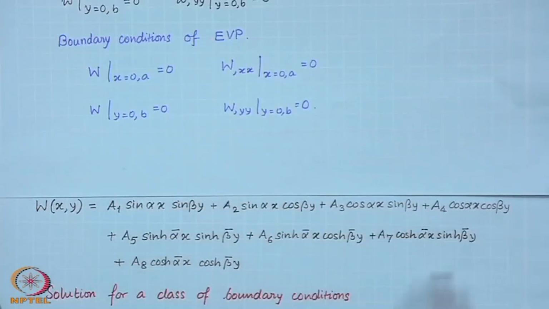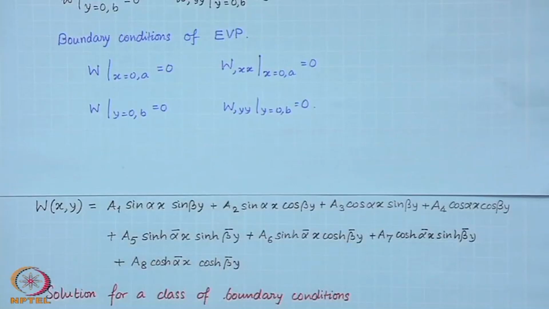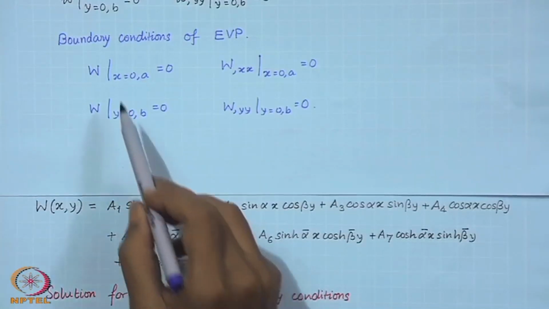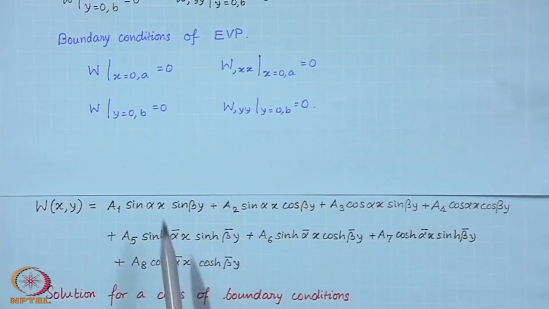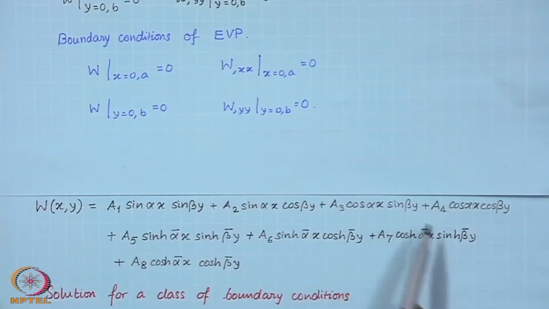So, this was our general solution, and these are our boundary conditions. Suppose when x equals 0, these terms will vanish. So, we are left with these 4 terms.